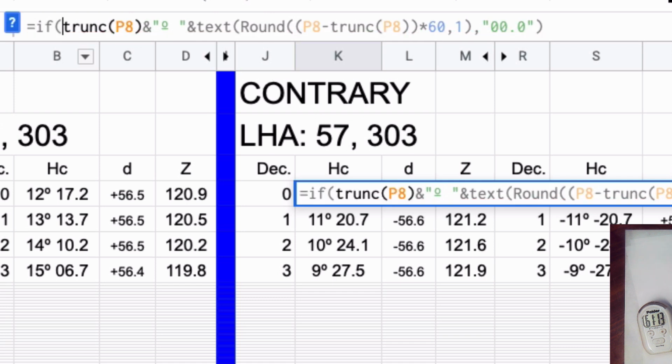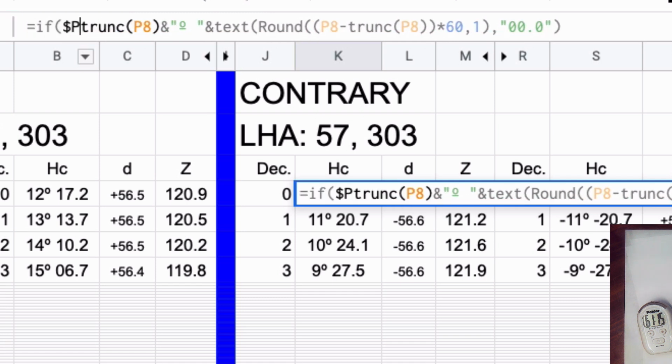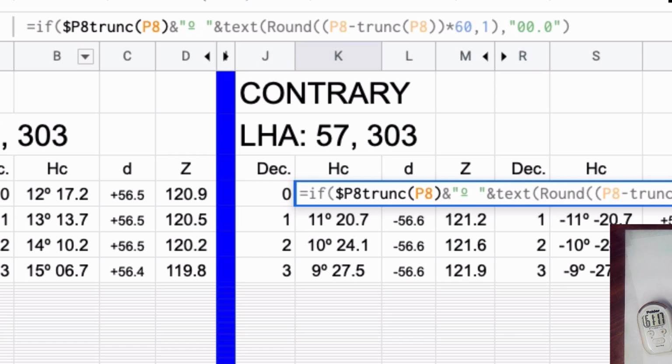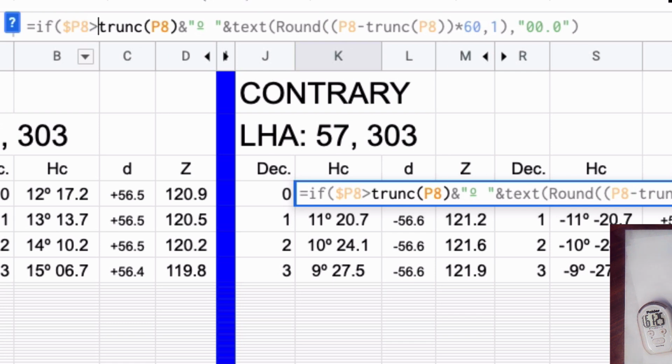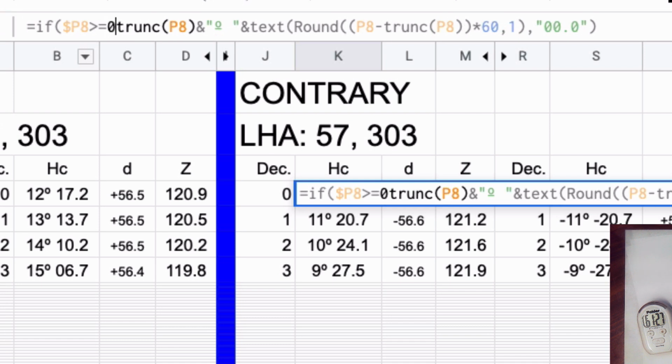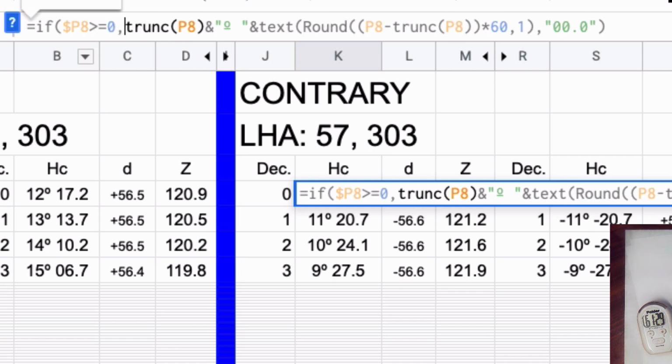If $P8, the reason why I'm using the $ is because I want to be able to copy this formula multiple times. If $P8 is greater than or equal to 0, then I want it to show this whole thing, truncate, and so on. Otherwise, I want it to show just a dash. I'm just going to use equal signs.